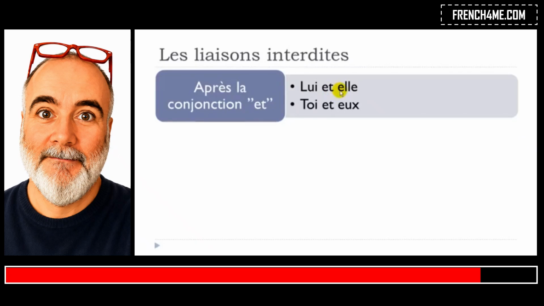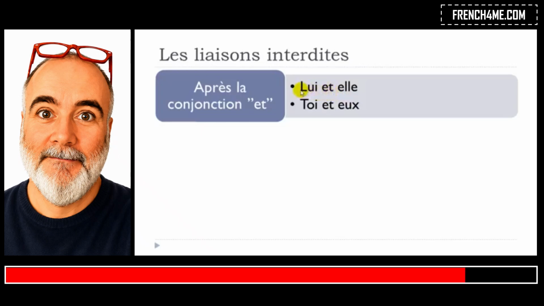Because it would be quite logical. After all, we tend to put it a little bit everywhere. But in that case, the rule is really strict. So after this conjonction et, you don't make any liaison. So no links after et.